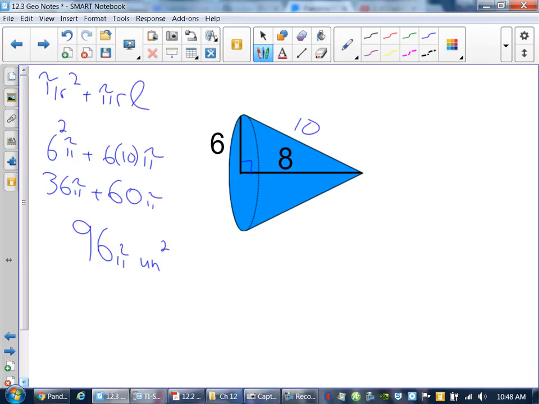That's 96 pi square units. Cones are the easiest thing that we work with because it is so unbelievably straightforward.